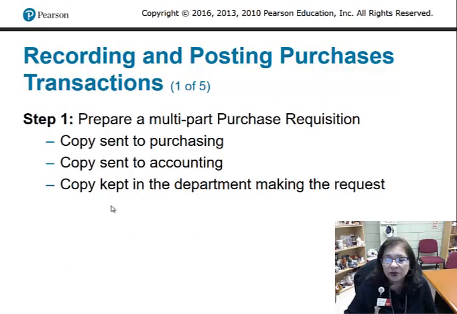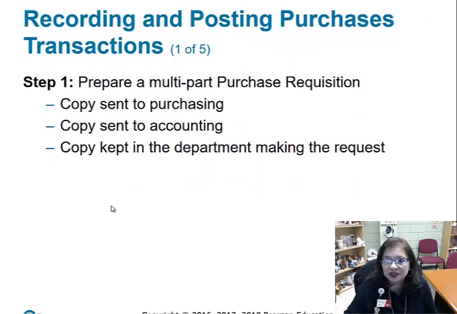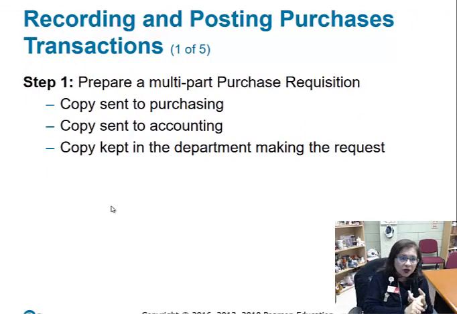So when we're posting the purchases and transactions, this is what we've got to make sure we're doing. There's a purchase requisition, one copy or a PO. A purchase requisition goes to purchasing, a copy goes to accounting, and a copy stays in the department making the request.